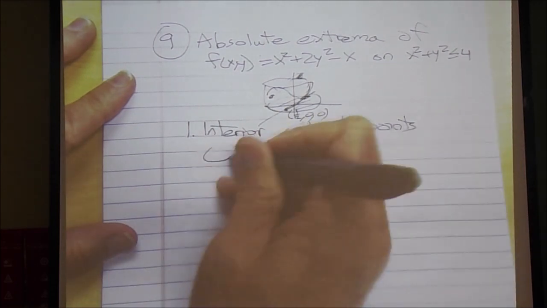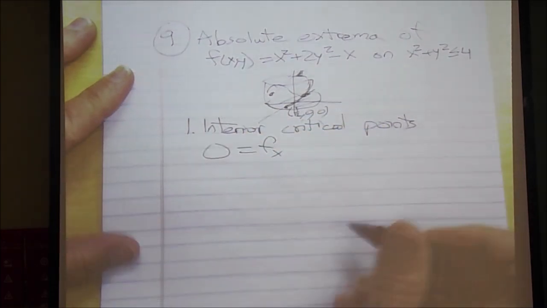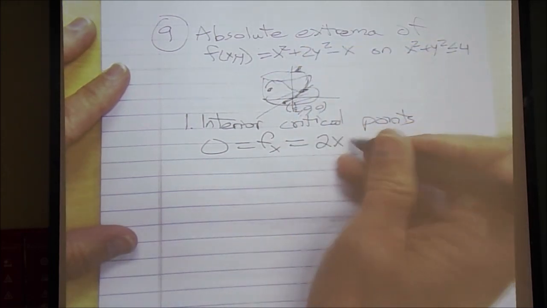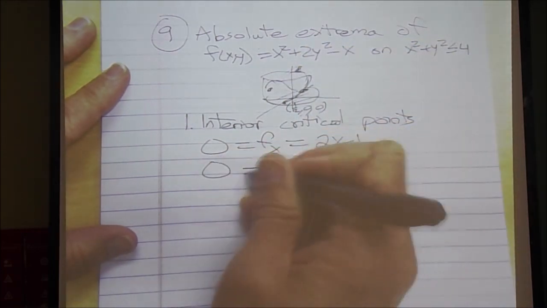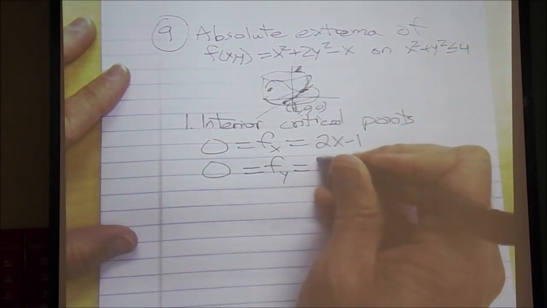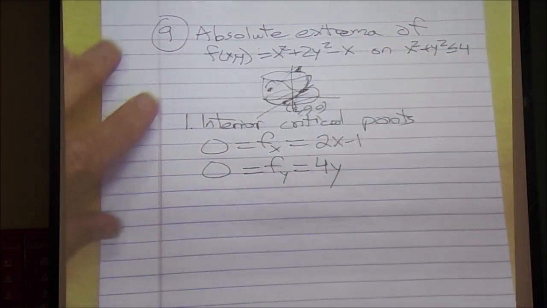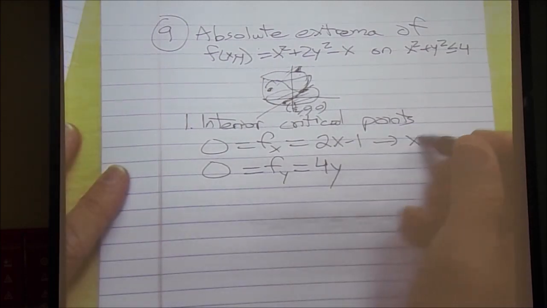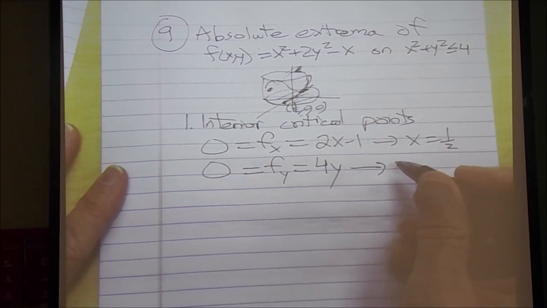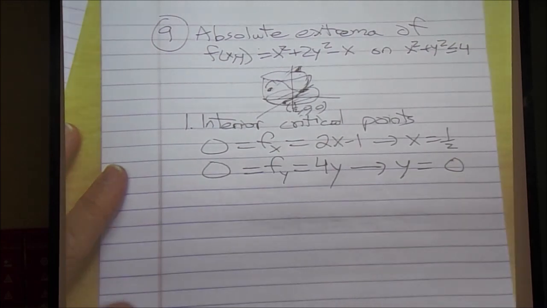So you set 0 equals fx, which is 2x minus 1, and you also set 0 equals fy, which is 4y. Both of those have to be 0. This one tells you that x equals a half, and this one tells you that y equals 0.